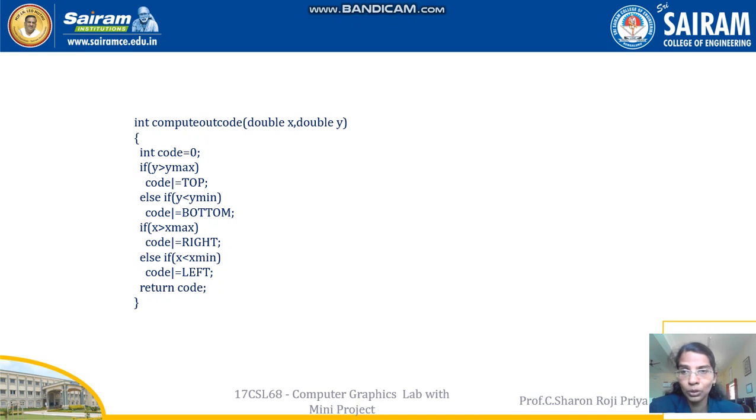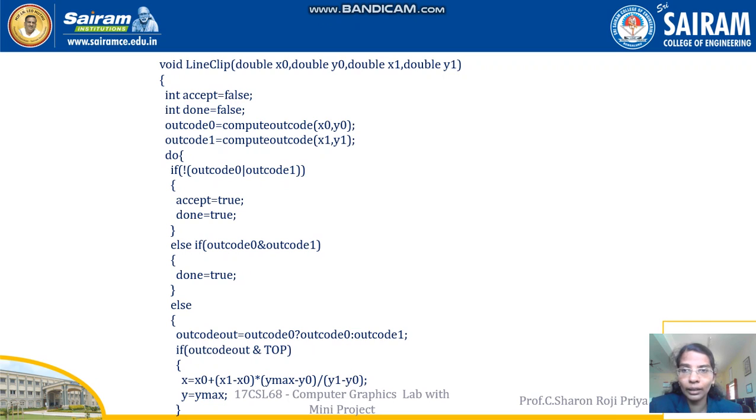Now code becomes top, right? Code becomes top. And similarly, what is your x value? X value is 80. Whether 80 is greater than x max, 100? No. Then check the other condition, whether 80 is less than x min, 50? No. So which return code will be returned? Code top will be returned, right? Now outcode 1 will be having your top, right?